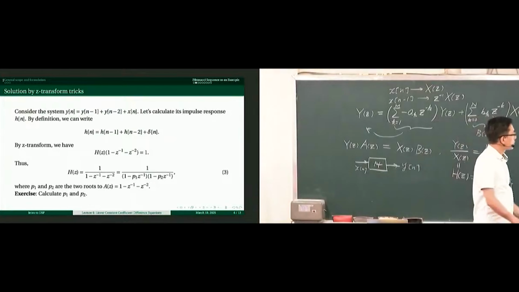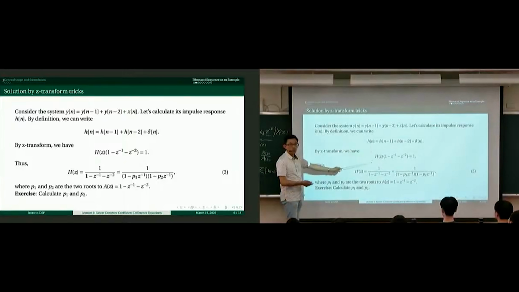So if we move one step further, let's go to the Z domain. Going to the Z domain, we have this relation. What is H? Then H is 1 divided by that.